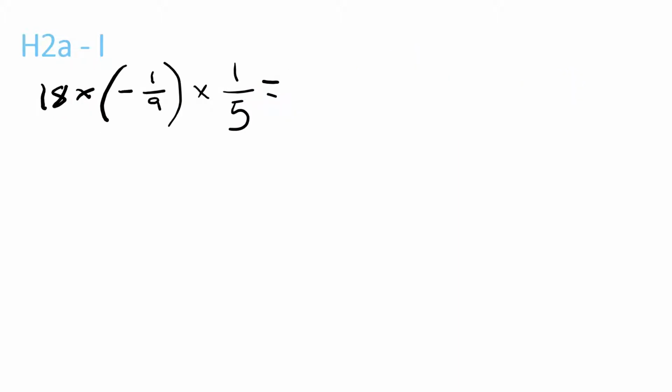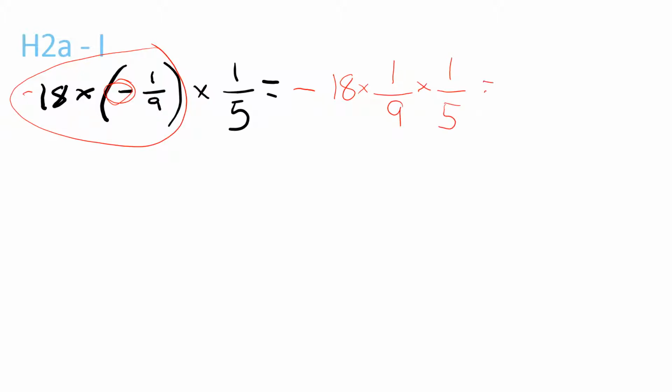So here we have, for this one, firstly you get these two, and you remove the brackets. You put the minus at the beginning, so it becomes -18 times 1/9 times 1/5.